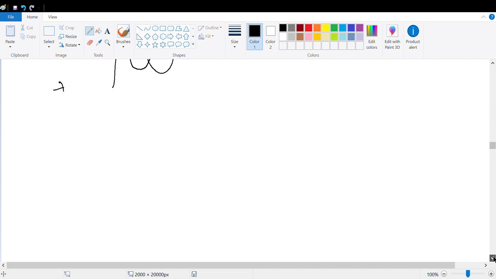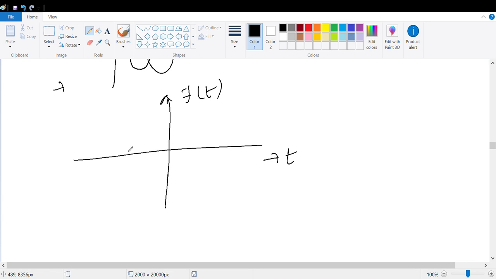This is about the time period of a periodic signal in terms of sinusoidal or cosinusoidal signals. Let's take another signal. I have some signal. It is like this, and it is moving like this. Let's erase this.